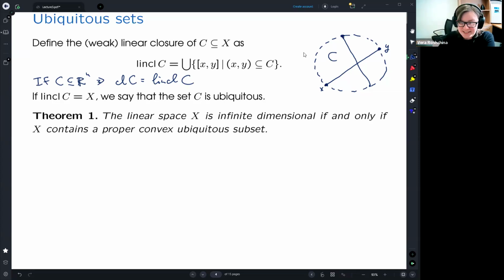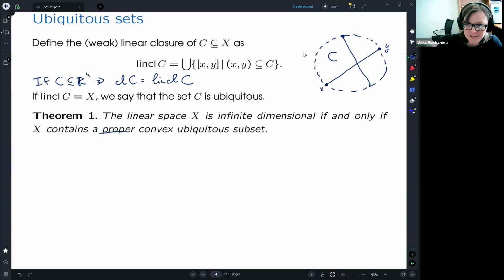The linear space is infinite dimensional if and only if it contains a proper convex ubiquitous subset. So any infinite dimensional space will contain a convex set that doesn't coincide with the whole space, so it's proper. And also, if I take the linear closure of the set, it will fill the whole space. And in fact, that's exactly the example that I was talking about, the example that gives us non-separation between two convex sets in infinite dimensional spaces.